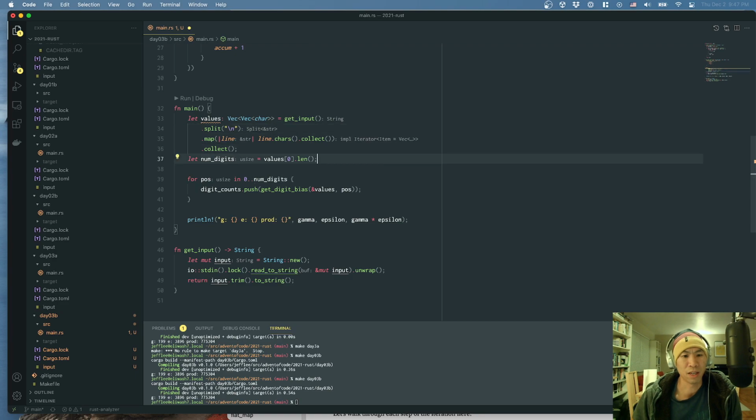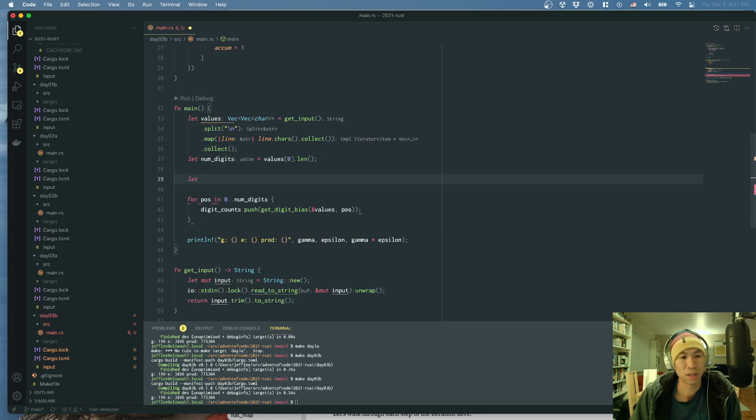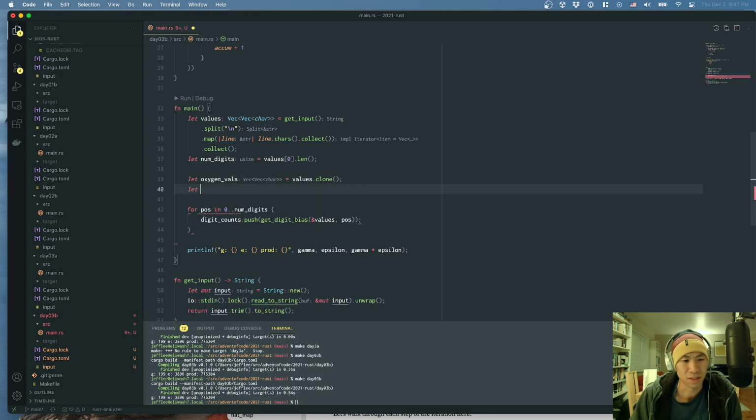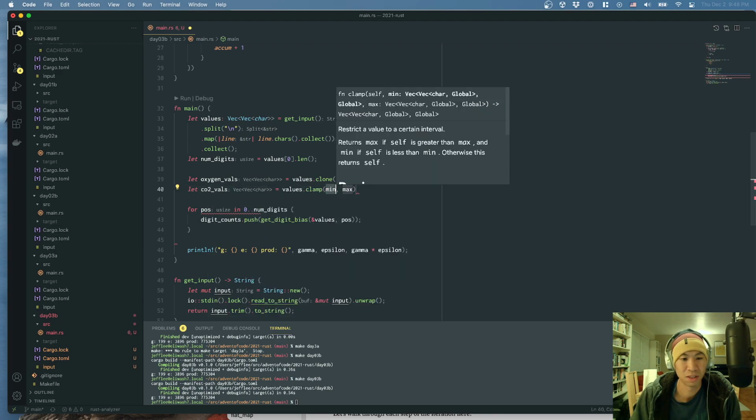We're actually going to have a copy, where the oxygen values are basically values.clone. I hope this is enough to do a deep clone, although I don't actually think it is. Let's see what happens. CO2 vals is values.clone as well.